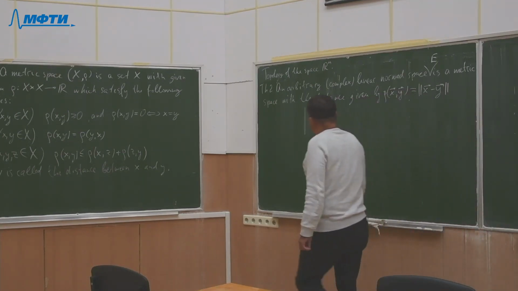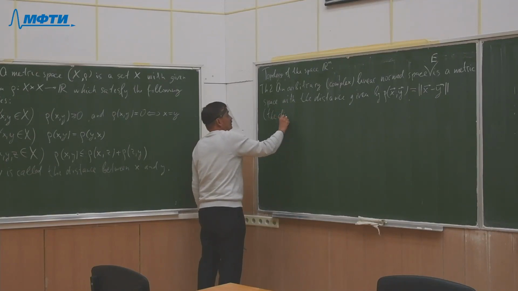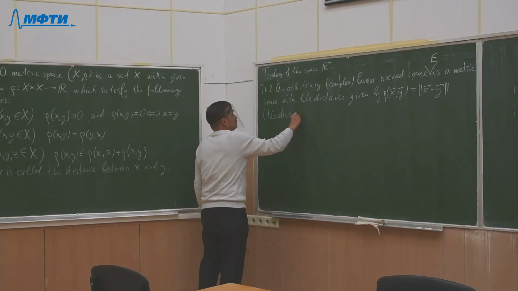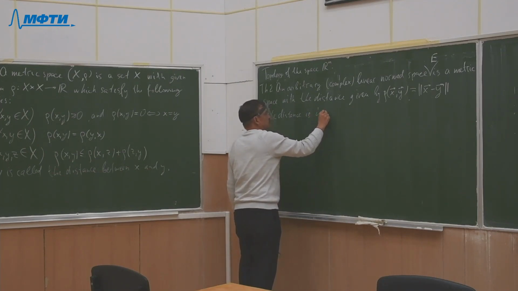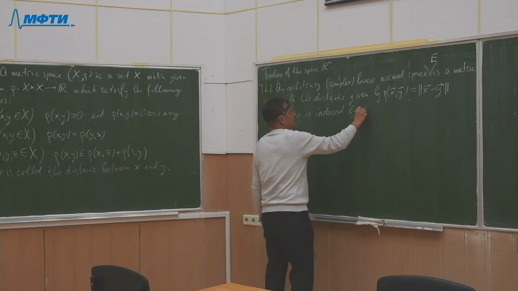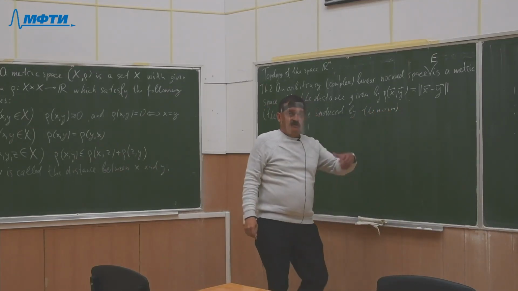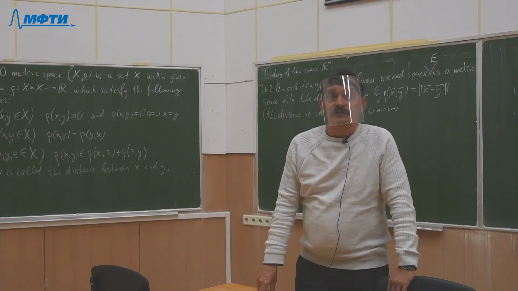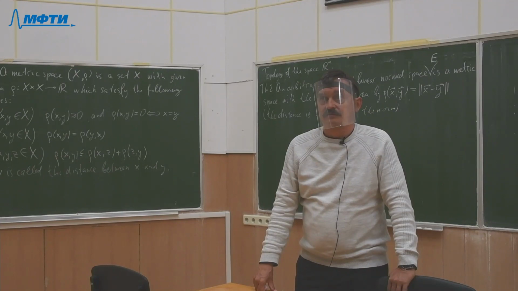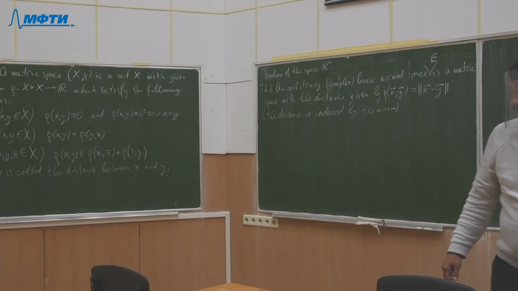And we say the distance or metric distance is induced by the norm. Like before, you see, norm may be induced by inner product, and metric may be induced by the norm.